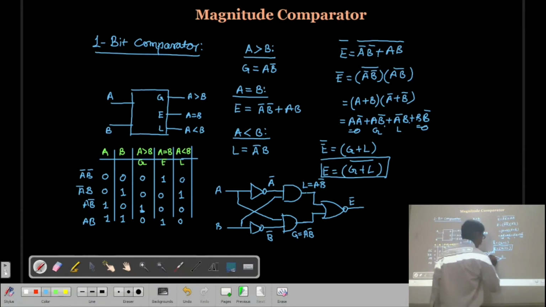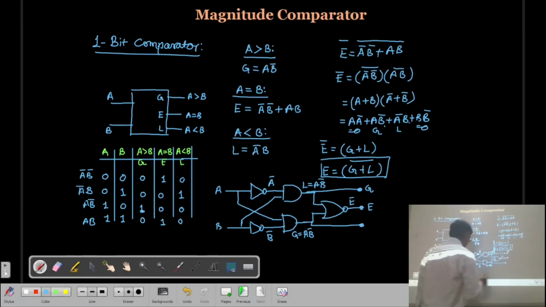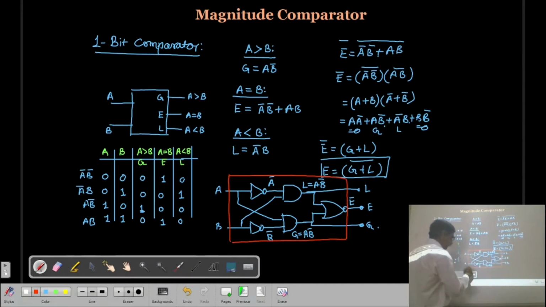So in this way, one output is G, another output is E, and my third output is L. You can see this is a circuit for a 1-bit comparator: 2 inputs A and B and 3 outputs L, E and G. Okay.